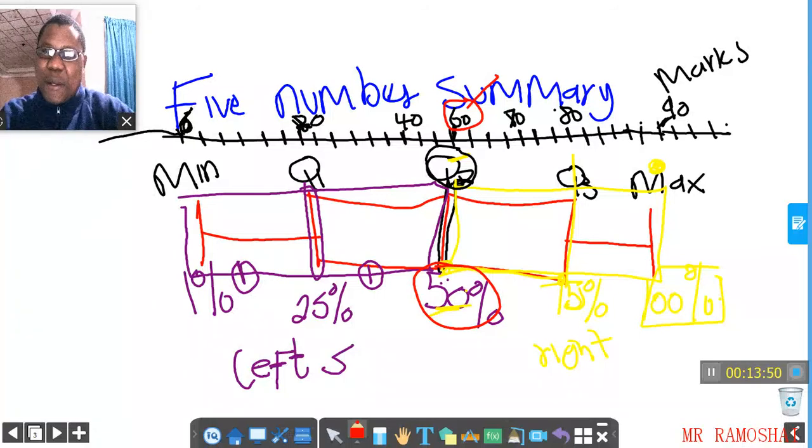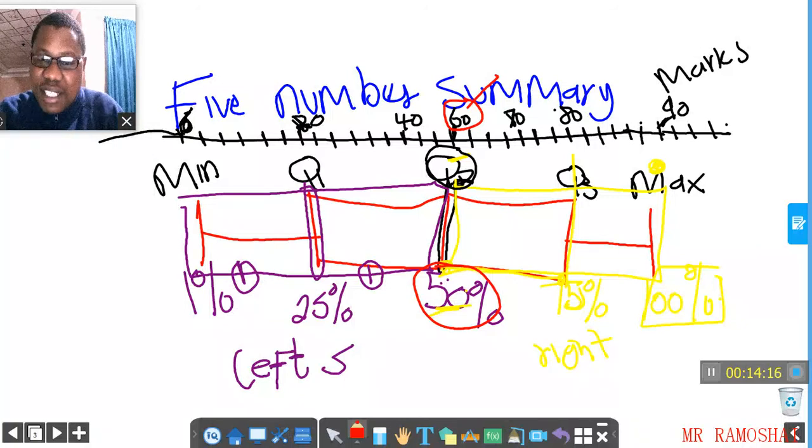Let me repeat this one. The 60 mark, which is our middle value here, I'm not talking about 60% of something, I just want to say 60 marks. Quartile 2 is 60 marks. So what does it mean? It means in this class, remember how many percent quartile 2 is: 50%.